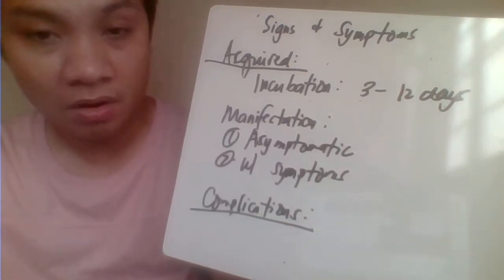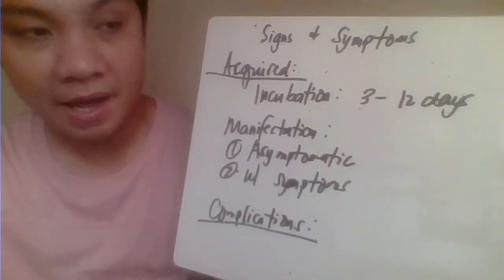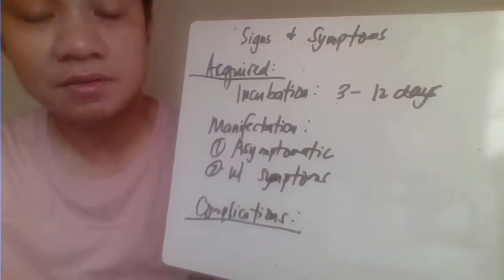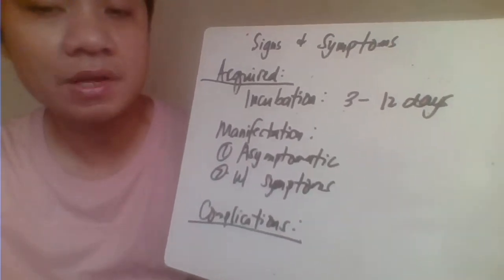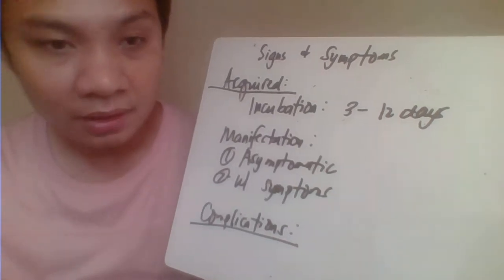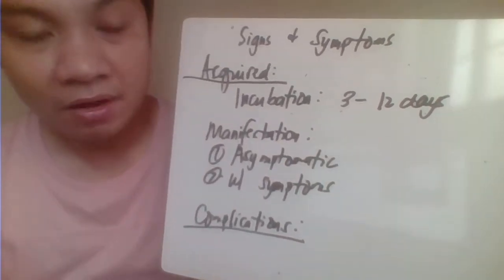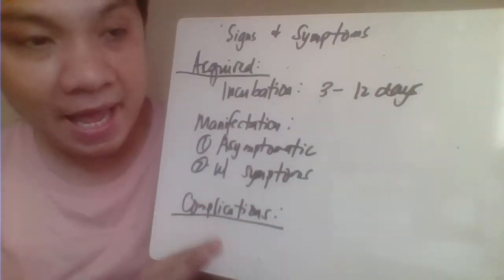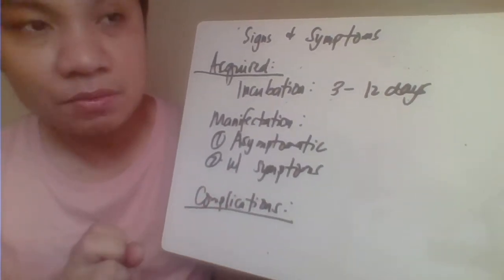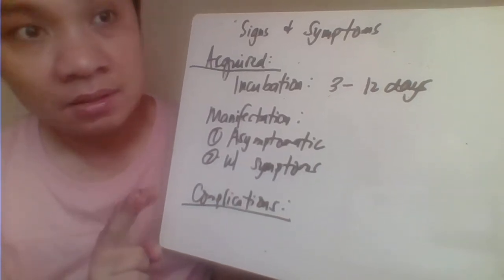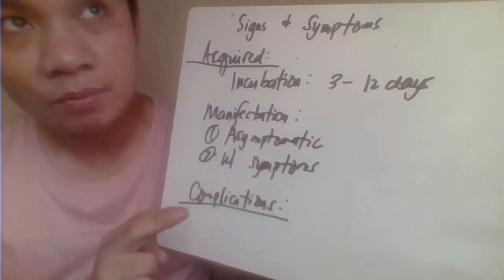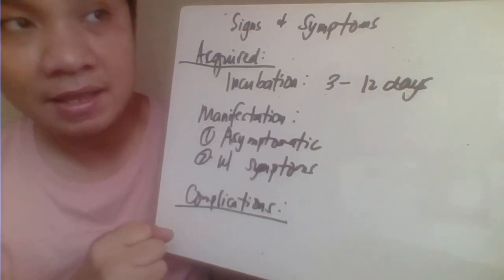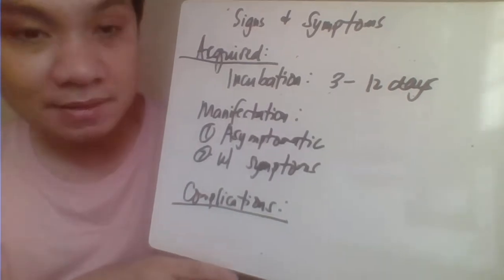For the complications, we have interstitial pneumonitis, hepatitis, Guillain-Barré syndrome, thrombocytopenia, and we have also hemolytic anemia. Okay, so we classify cytomegalovirus as having a hepatitis-like manifestation, and we have also heterophil antibody negative infectious mononucleosis-like syndrome.